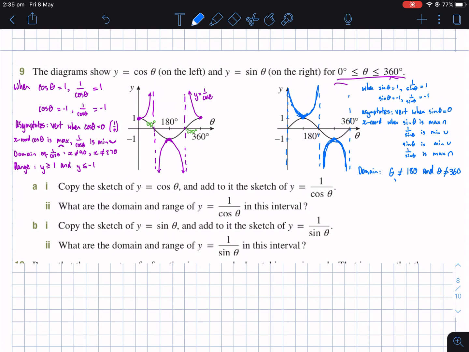Oh, and theta does not equal 0. So 0, 180, 360. And the range, again, we were never within this kind of range, so y is less than or equal to -1 and y is greater than or equal to 1.